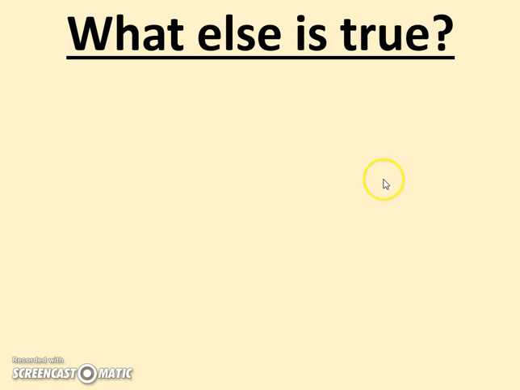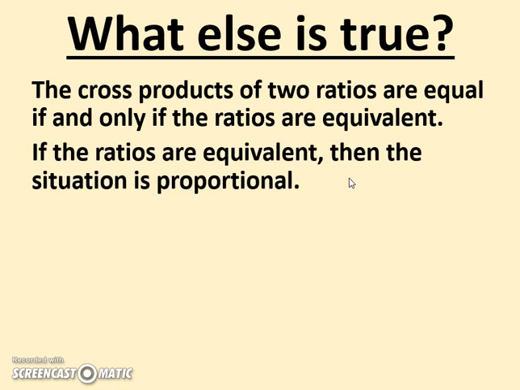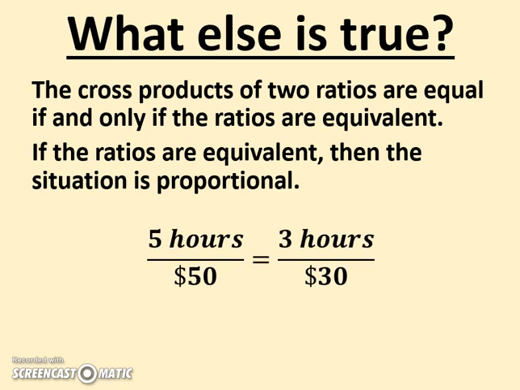But what else is true? The cross products of two ratios are equal if and only if the ratios are equivalent. And if the ratios are equivalent, then the situation is proportional. Look at this example, which still relates back to Ben. If Ben works 5 hours, he'd get $50, right? If he works 3 hours, he'd get $30.